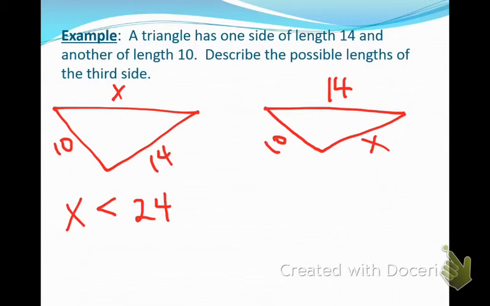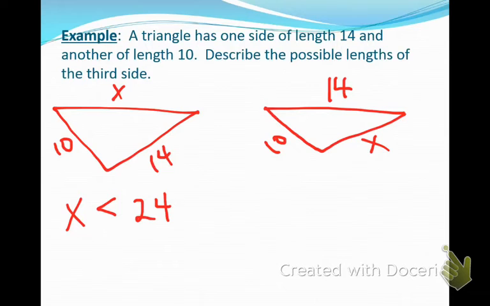We remember our rule. The sum of the two shorter sides must be greater than the longer side. What value of x would make the two shorter legs greater than 14? Just give me a value. Don't worry about the inequality. What's a possible value of x?